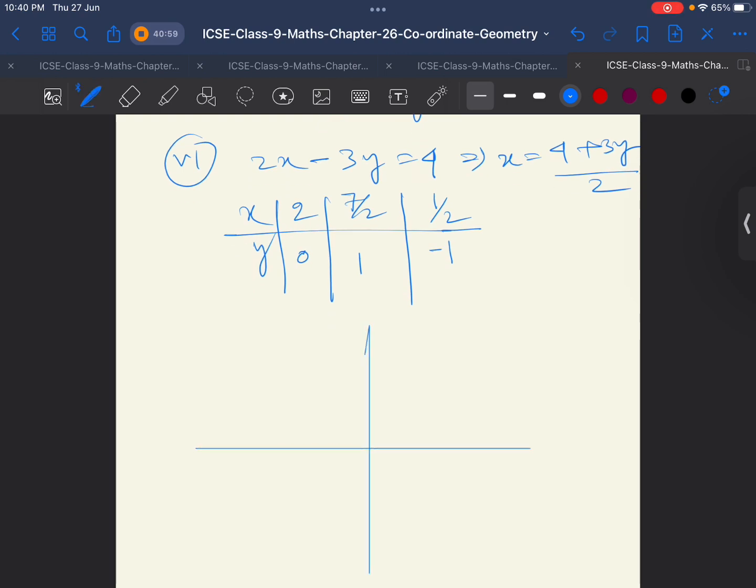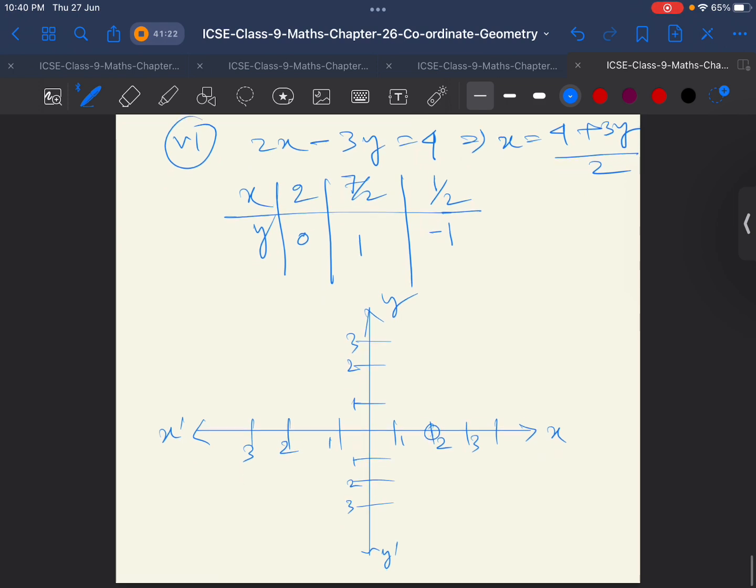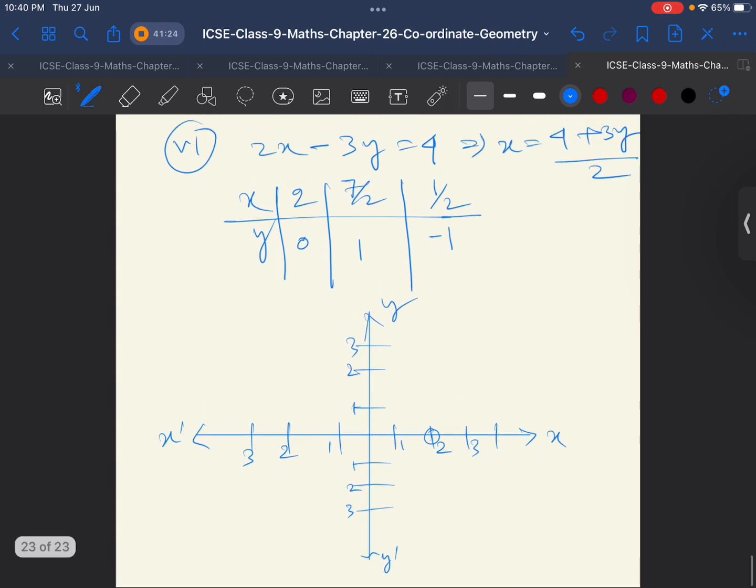Okay, the graph is, so this is y dash and this is x and x dash. First, the 2, 0 point is here. 7/2 is 3.5.